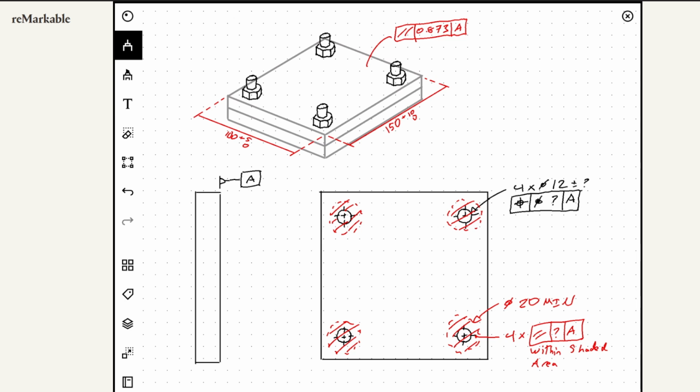But within these shaded areas, we can have a specific parallelism tolerance relative to A, and we would do our math to figure out what that parallelism tolerance needs to be to keep our joint face angularity below the 1 degree or the half a degree that we want. But then we can apply a much looser tolerance.